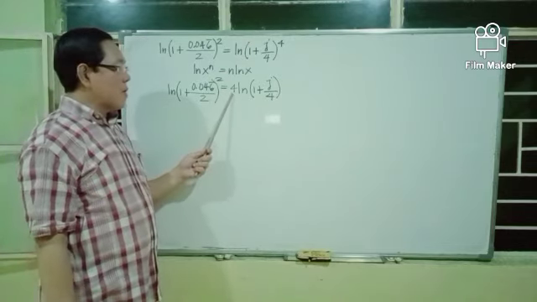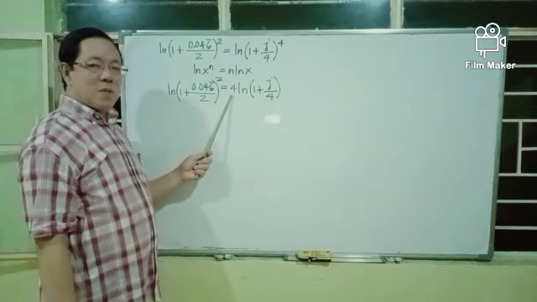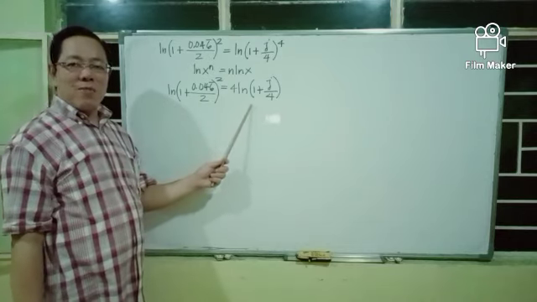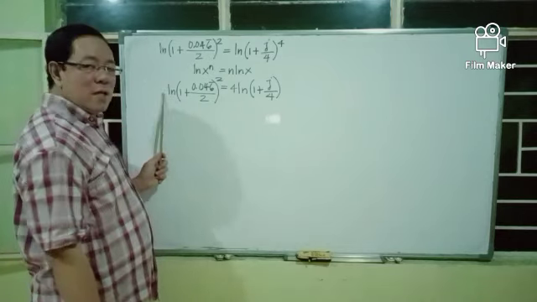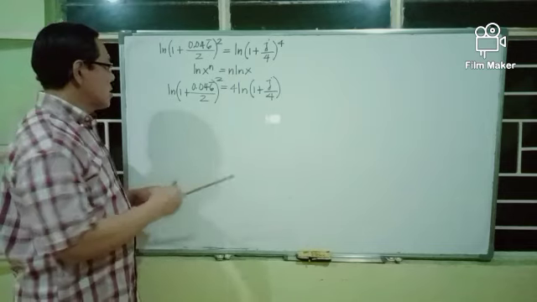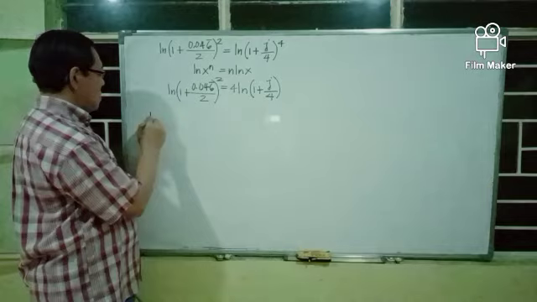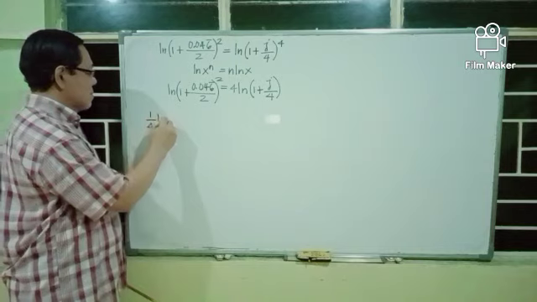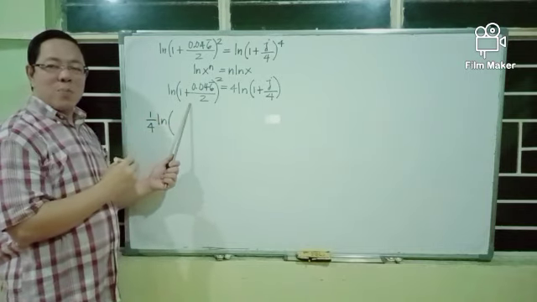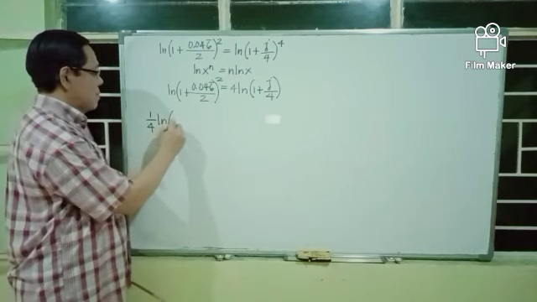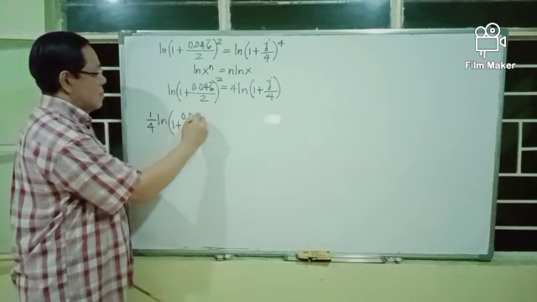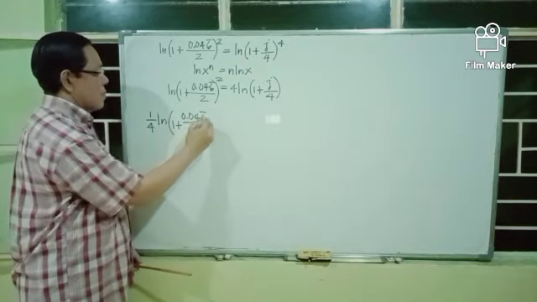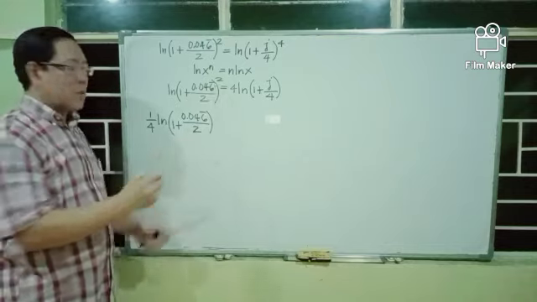Next, we remove 4 from here by dividing both sides of the equation by 4, or we multiply both sides of the equation by 1/4. The left hand side we multiply by 1/4. We have 1/4 multiplied by ln of 1 plus 0.046 repeating divided by 2 raised to the power 2.